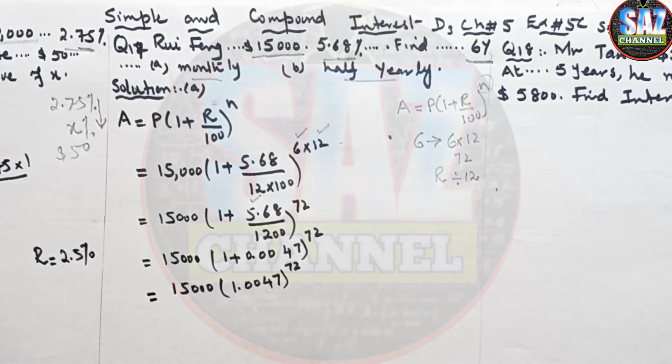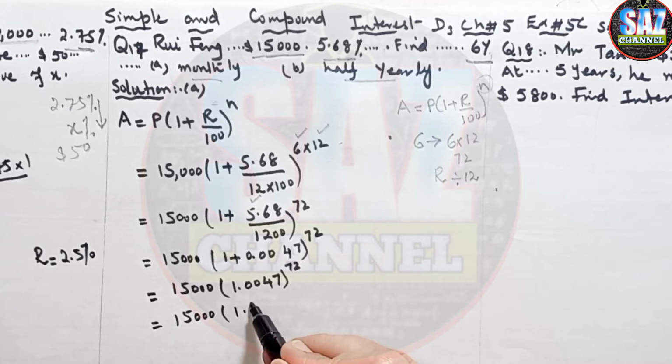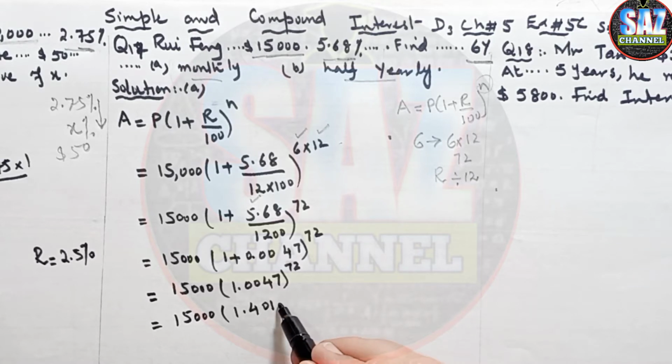Now I have to use the calculator efficiently. 1.0047, close the bracket and caret, and 72, and this will give me 15,000 into, 158,401 and 6. Okay, I have to round off my value.